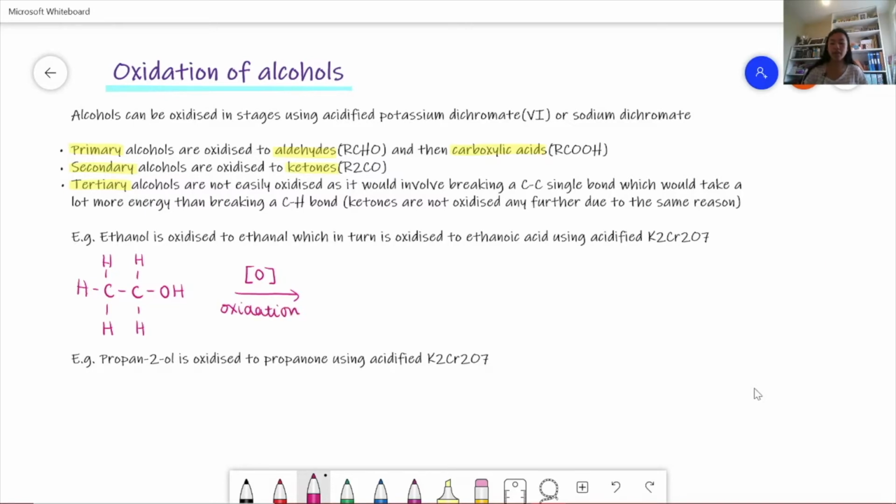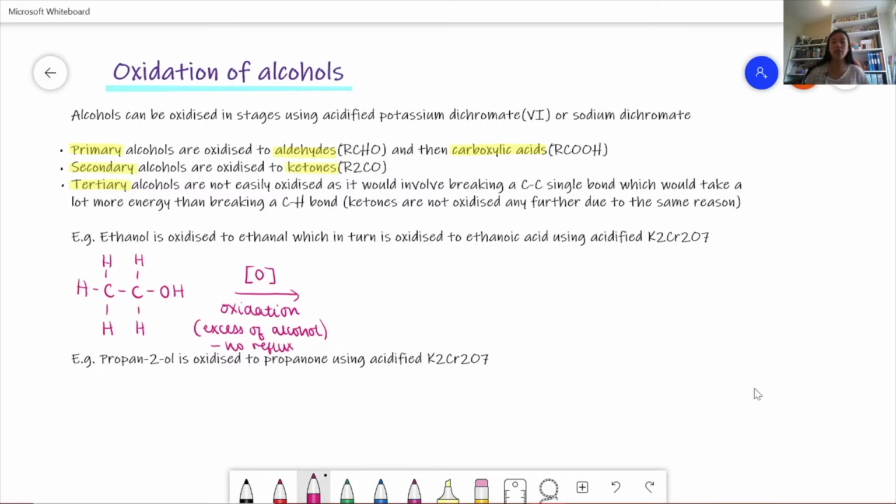The actual conditions are that the alcohol is in excess and there's no reflux. We're going to be looking at reflux a little bit later. So we have an excess of alcohol and also no reflux.